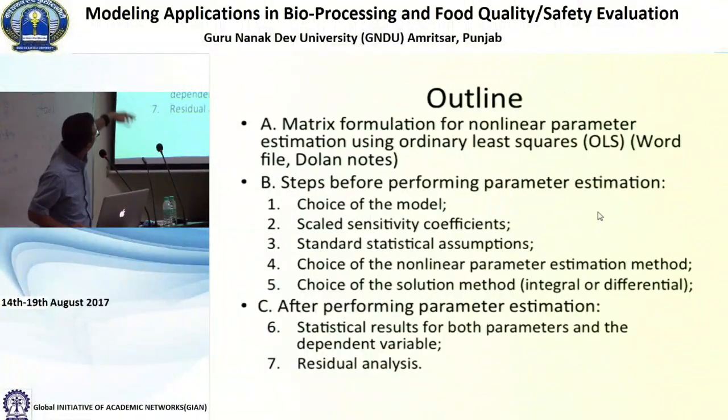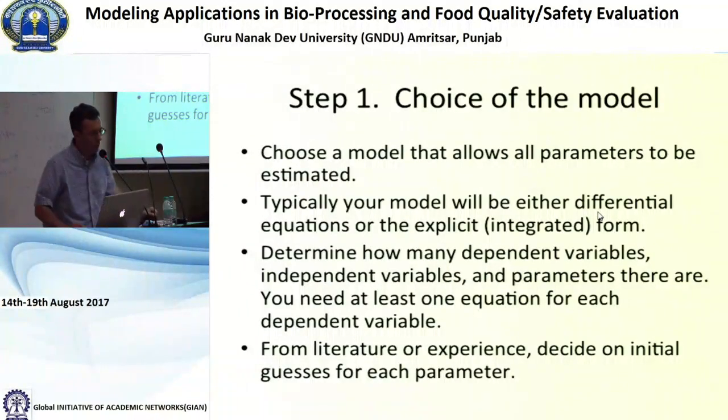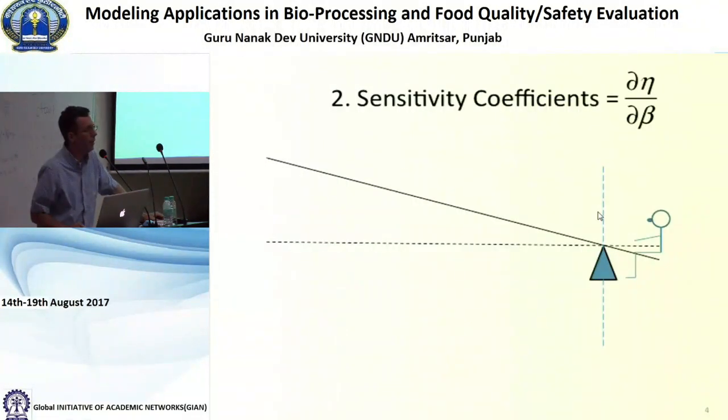So let's go through the steps, right? Choice of the model, number 1. So you have to decide whether it's going to be a differential or explicit. The explicit was what we did just now, for the GUI. Now I want to talk about the sensitivity coefficient, which is d eta, d beta. So here's the idea.